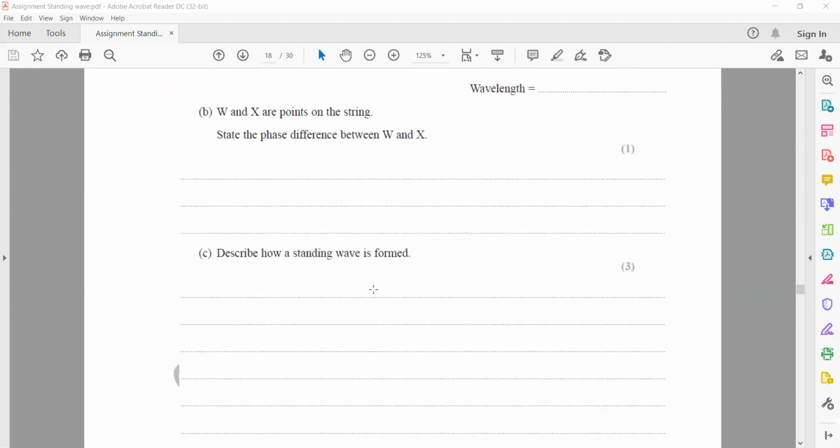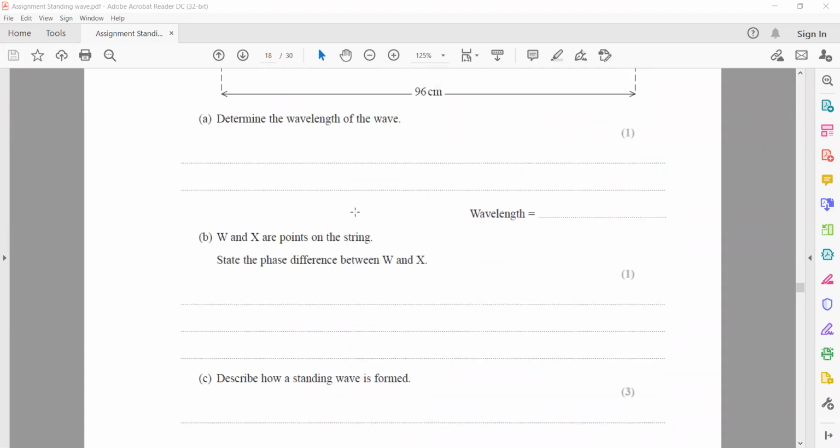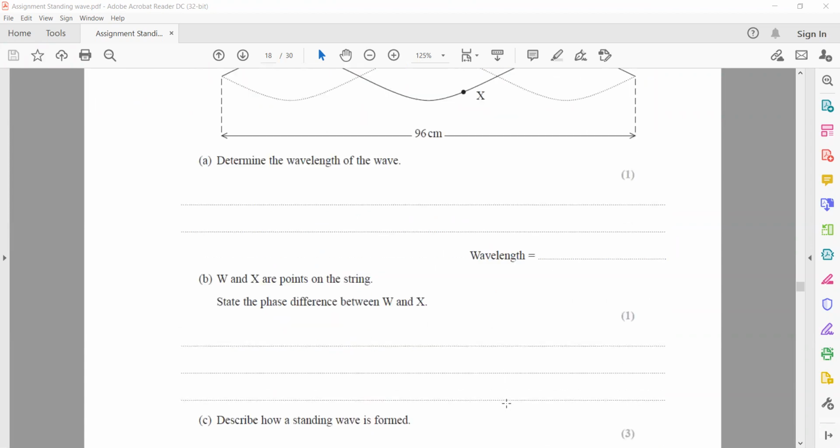W and X are points on the string, as you can see. State the phase difference between W and X. So what is the phase difference between point W and point X?